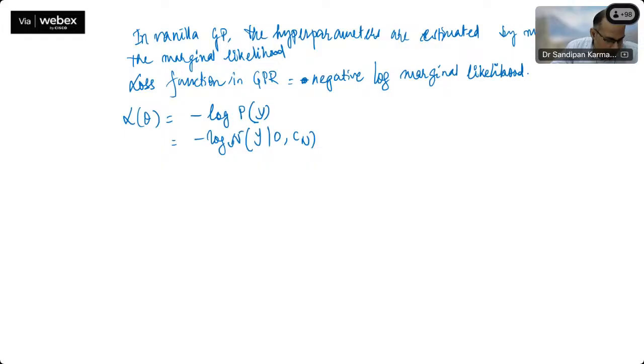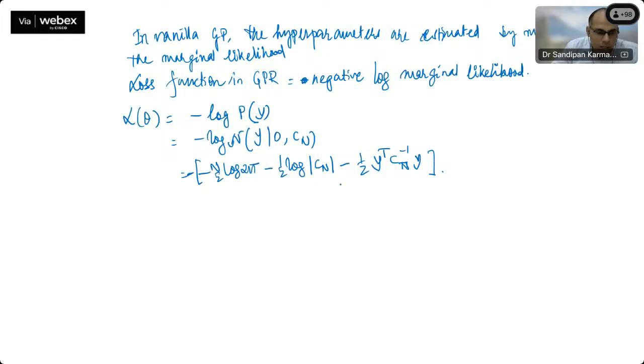This will be nothing but minus of, within brackets, minus n by 2 log of 2 pi, minus half log of determinant of Cn, minus half y transpose Cn inverse y.